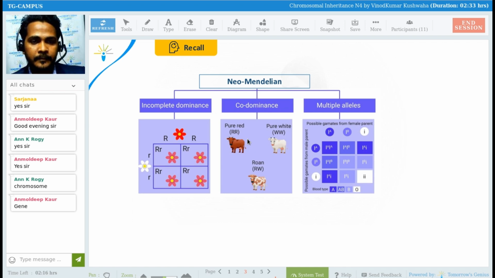It is not the same thing as codominance, because in incomplete dominance, the dominant and the recessive ones combine together and express phenotypically. In this case, the phenotypic ratio and genotypic ratio are the same. Absolutely right. Okay, then the next, Anmol.